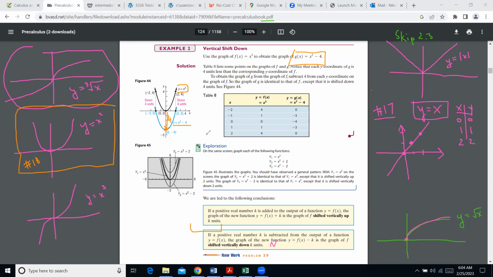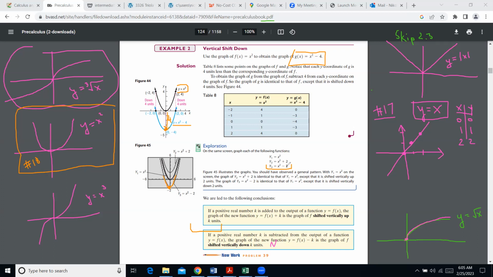And that's not a coincidence. If you subtract 4 from that x squared, the whole picture goes down by 4 units. So if I subtract 2, the whole picture is going to go down by 2 units, like in the next little example. Notice they have that y3, which is moved down. It is the same parabola, but moved down by 2 units.